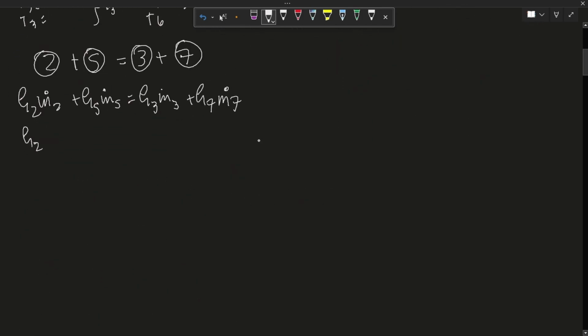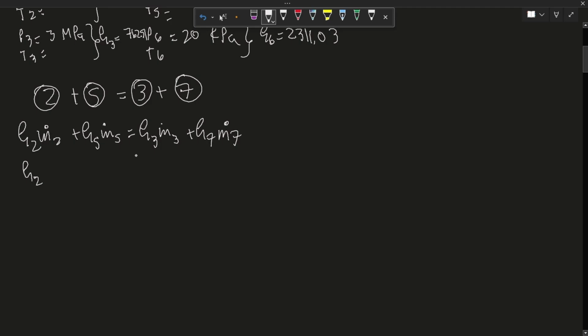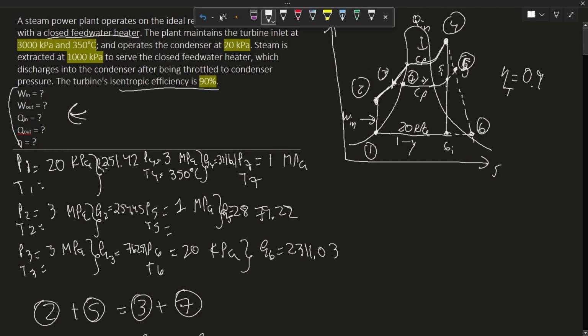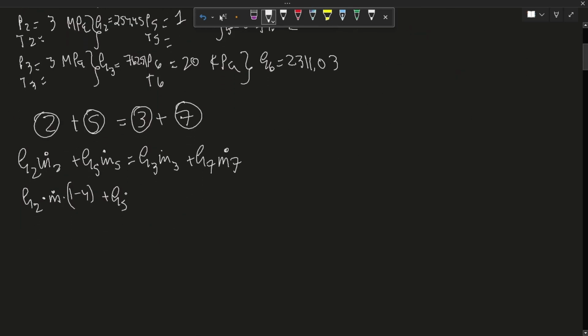So that means over here it's equal to the total mass flow rate, at 2, times 1 minus Y, plus H5. At 5, Y amount of the water is going into 7. So it equals the total mass flow rate times Y. Y is just a fraction, okay?